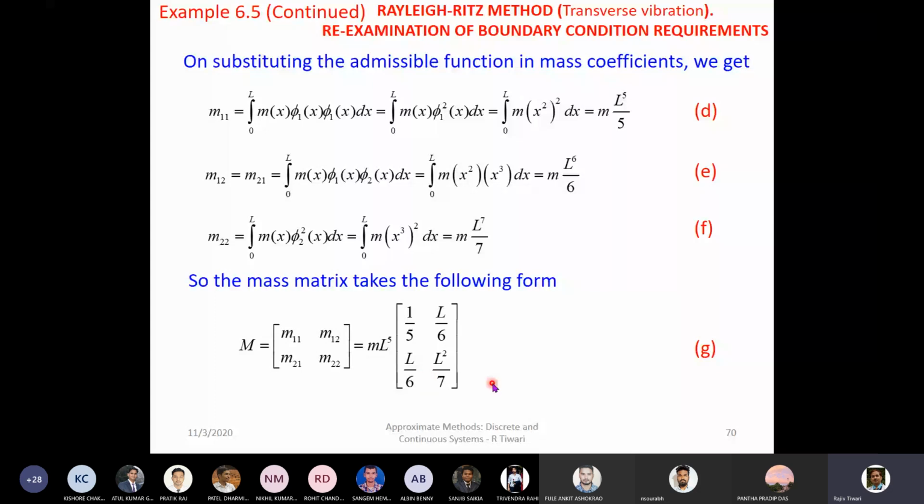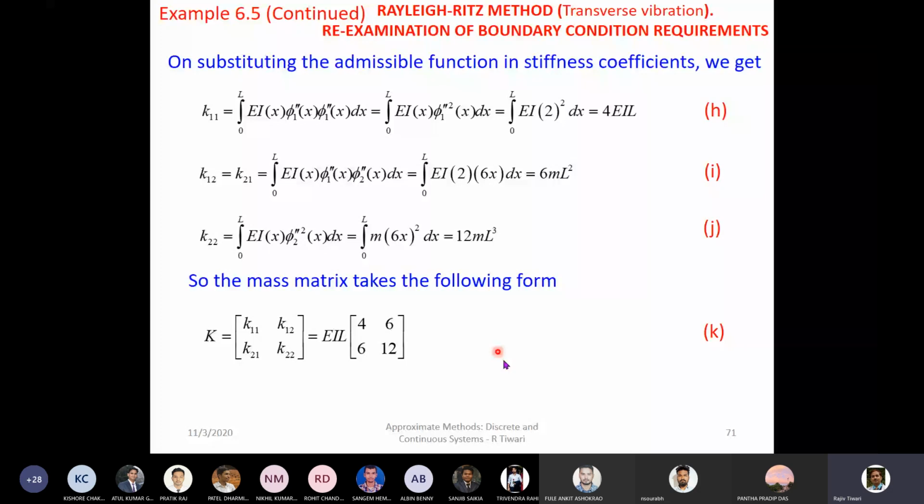Similarly, the stiffness coefficient can be obtained. Here EI phi1 double prime, phi1 double prime, K11 will be 1, 1. If we differentiate phi1 twice, we will get 2, and 2 square. Because both are the same, 2 square, this will give 4EIL. K12: phi1 double prime, phi2 double prime.